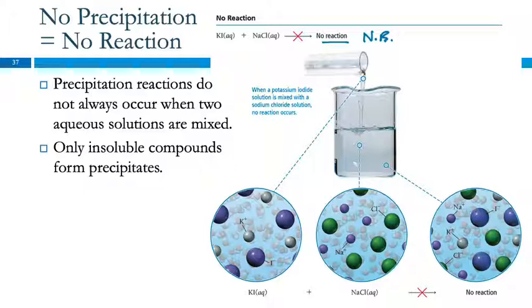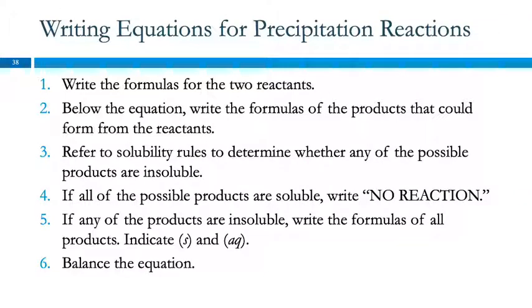It's crazy chemist. So here's a list of instructions for how to write equations for precipitation reactions. You need the formulas for the two reactants, and below that reaction, write the formulas of the products that could form. And we'll do some examples, and I'll show you what I mean.